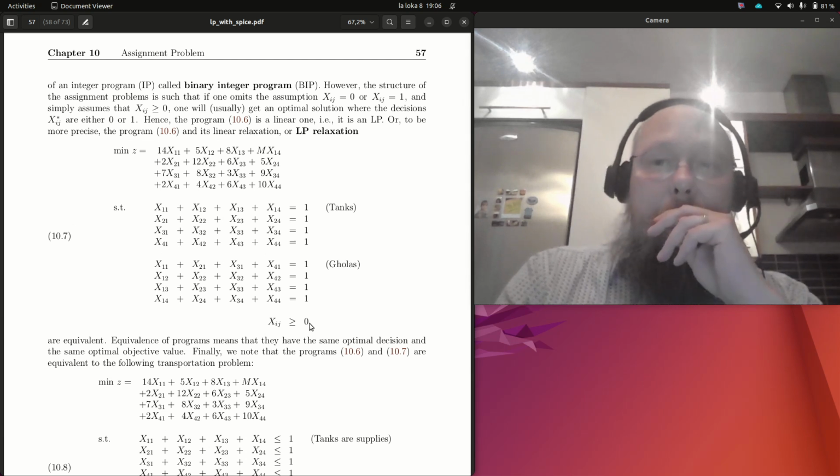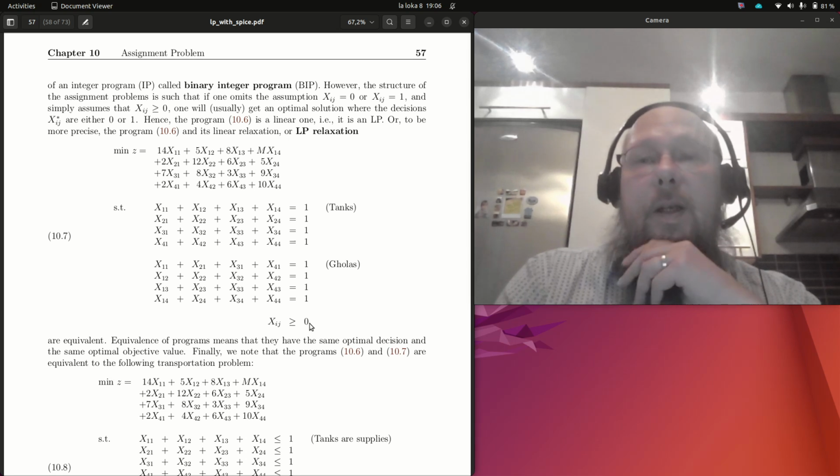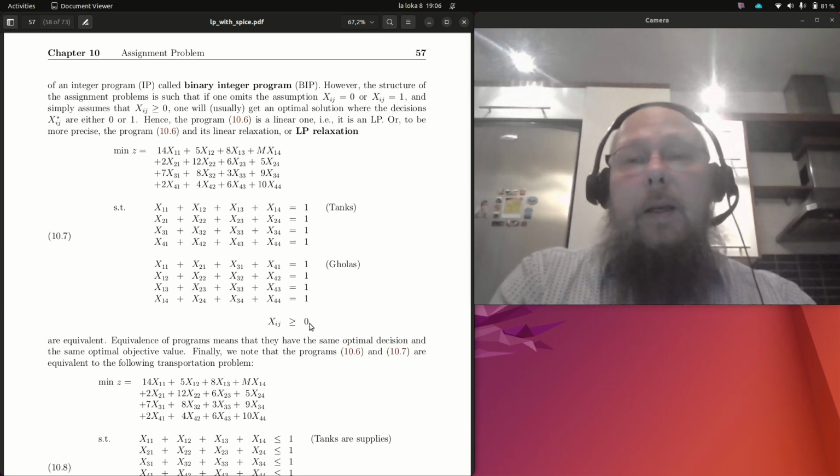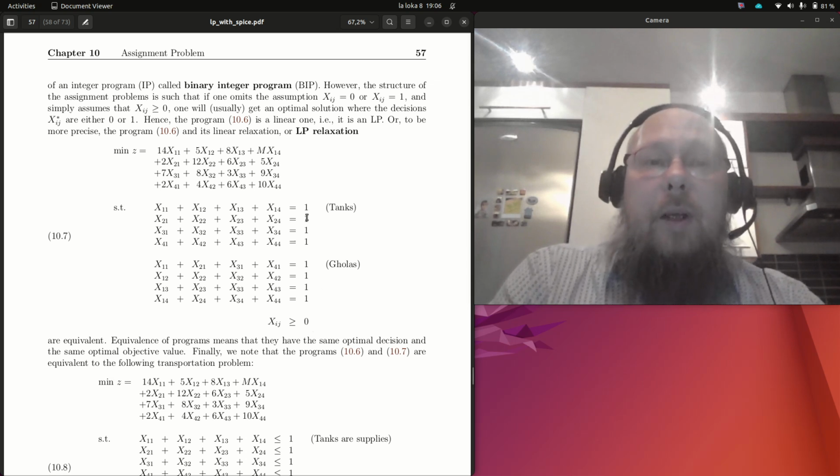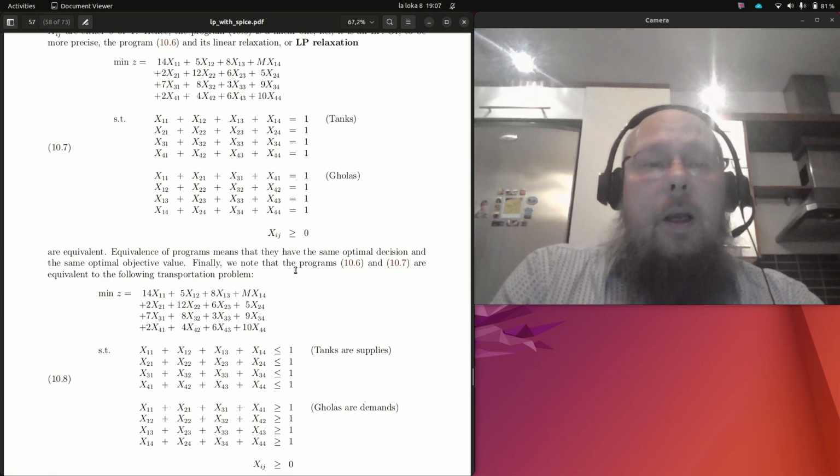Then maybe a final step that is not completely needed, but we can look at the supply side to be inequalities less than or equal, and the demand side to be inequalities greater than or equal.